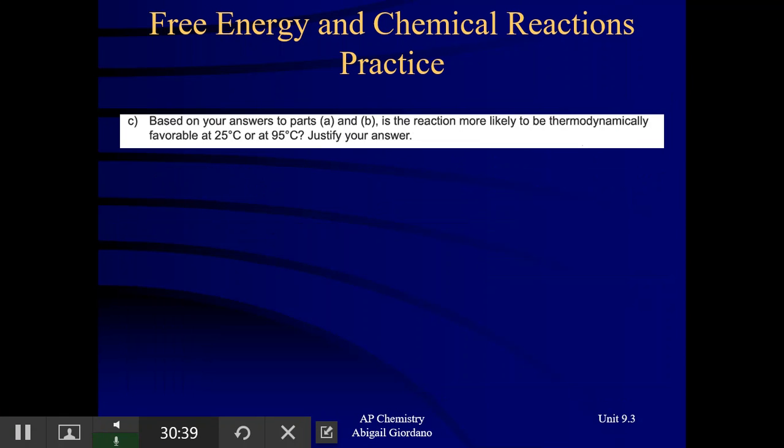Last part. Based on your answers to A and B, is this reaction more likely to be thermodynamically favored at 25 degrees or 95 degrees? Remember from the previous slide, delta S was positive, delta H was positive. Let's remember that chart, which I said don't memorize.